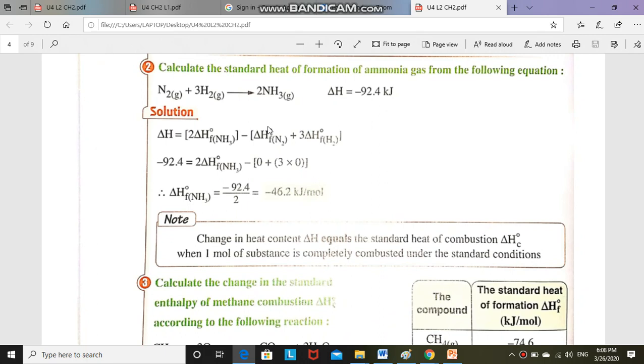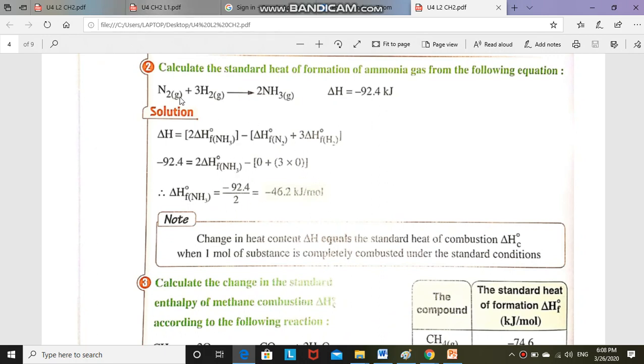So we will take here the heat of formation, not the standard heat of formation. At the end we will divide the result by the number of moles.